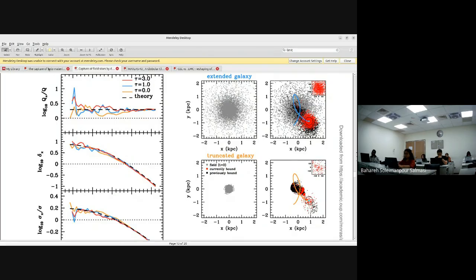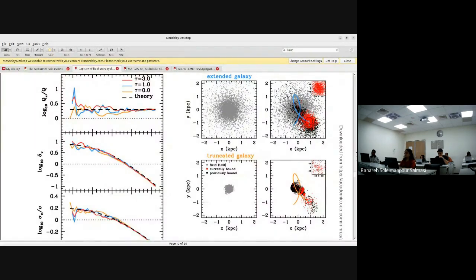And then I think they have done many tests and claim that for a 10 to the 9 host galaxy and for 10 to the 7, no, I forget, the host galaxy is Milky Way mass or something like that.